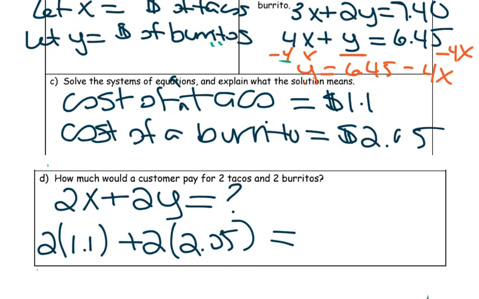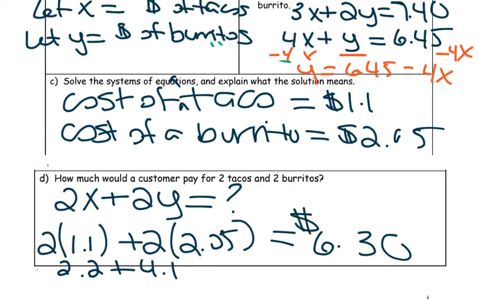So 2 times 1.1 would be 2.2, plus 2 times 2.05 would give me 4.1, and if you add them together, you would get 6.3. Remember, we're talking about money, so you need to make sure that you have your dollar sign. Okay?